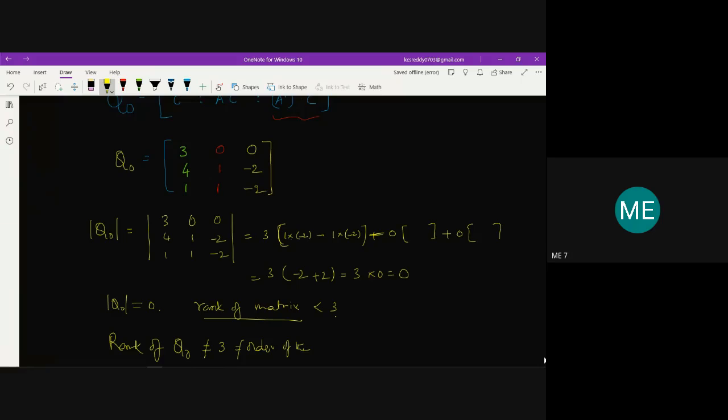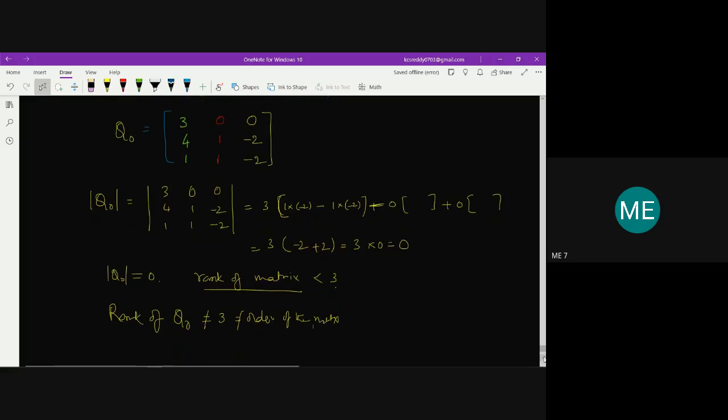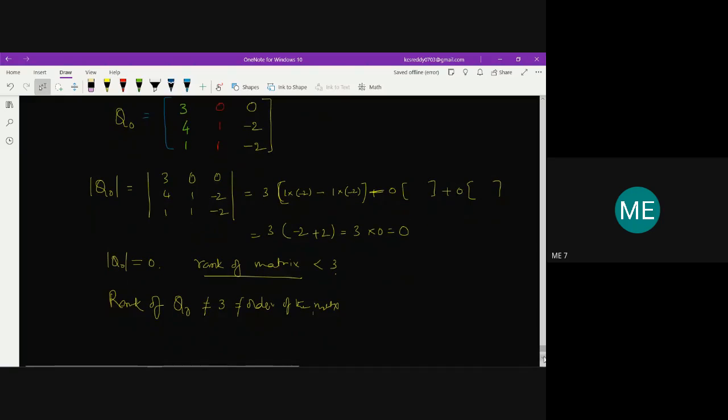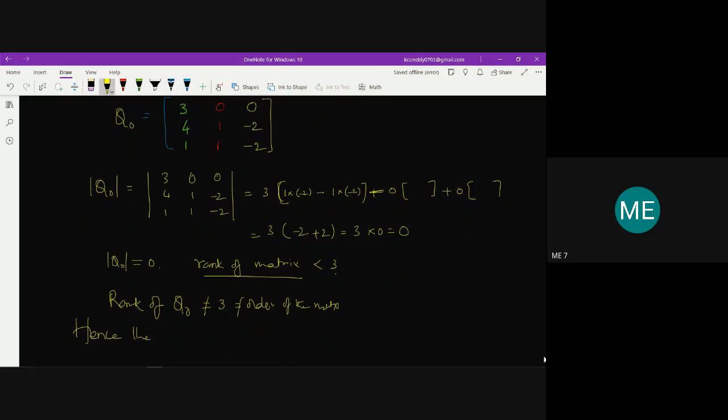So when it is not equal to the order of the matrix, we can say the system is not completely observable. Hence the system is not completely observable. So the output is shielded.